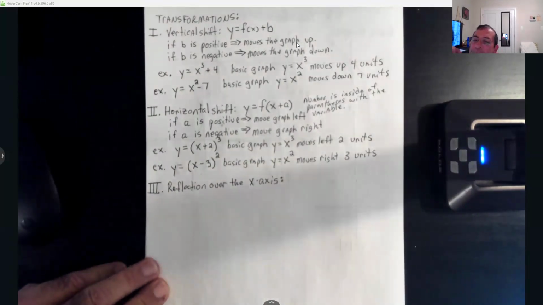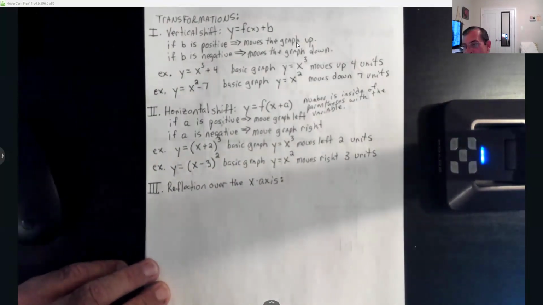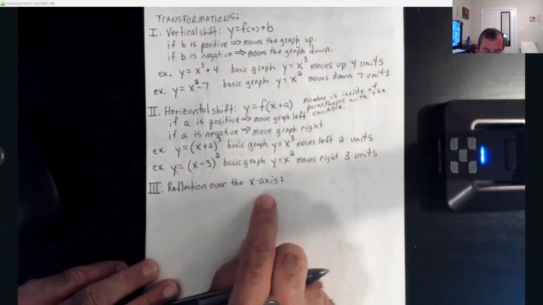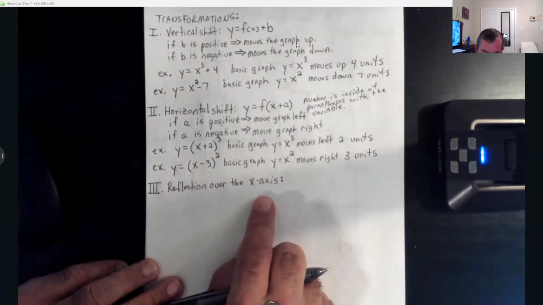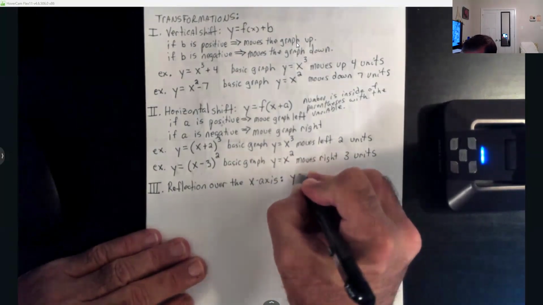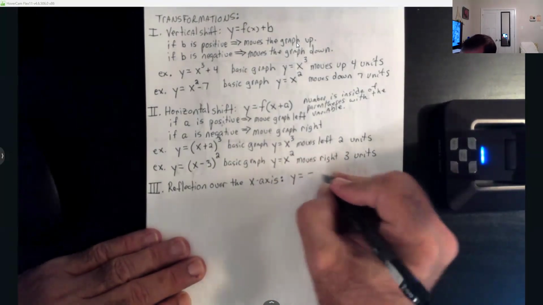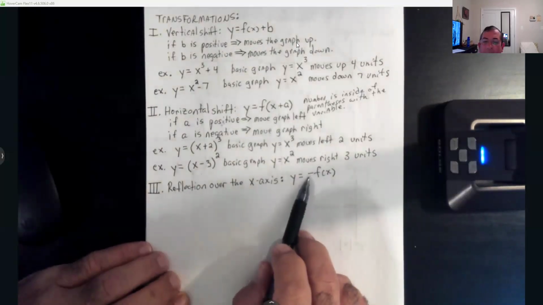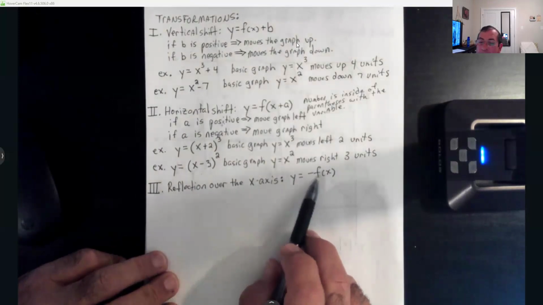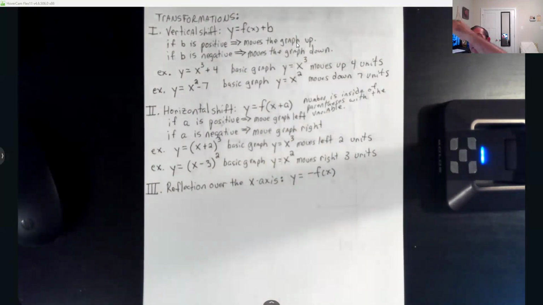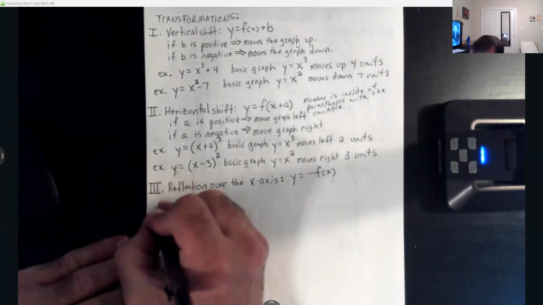Now, we won't be reflecting over the y-axis in this section, okay? But we will learn that later on in life. So right now, the only axis we're flipping over is the x-axis. So y'all, that'll look like this. Y equals negative f of x. We put a negative in front of the function. If I put a negative in front of the function, that's going to reflect it over the x-axis.